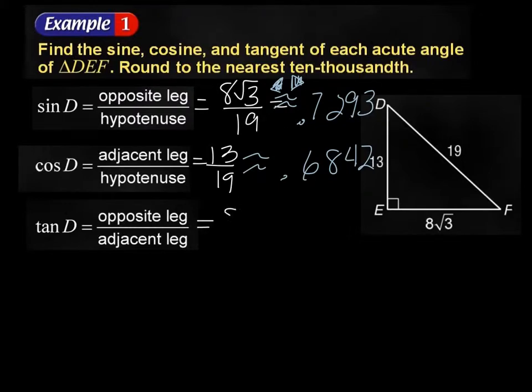Opposite D is 8 square root of 3, over the adjacent, which we said was 13. Typing that in to change it to a decimal, we get 1.0659.